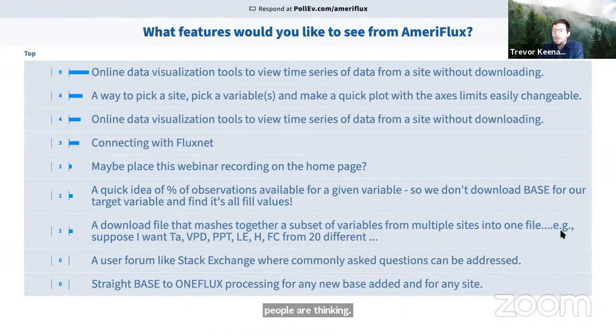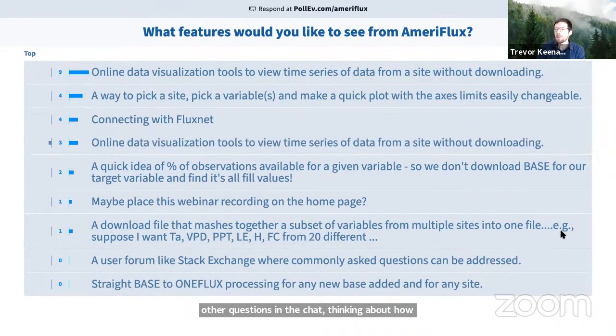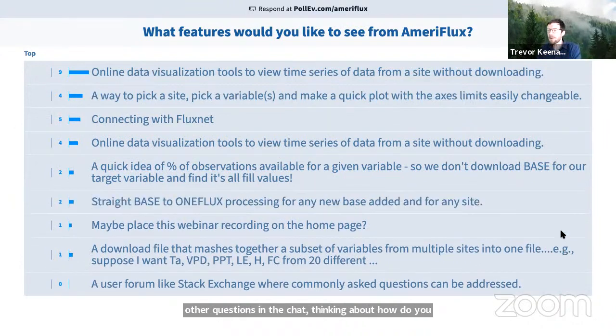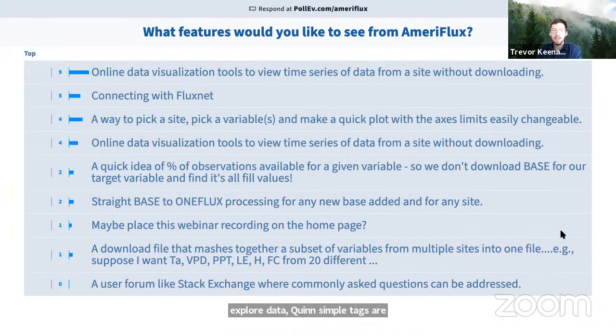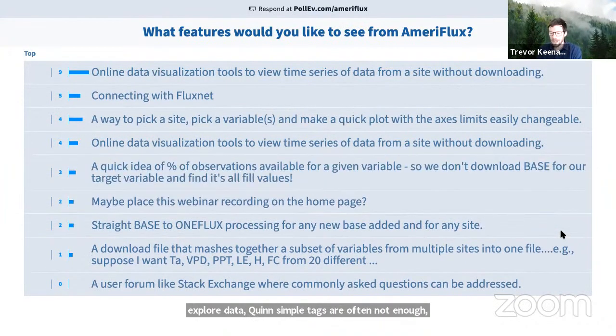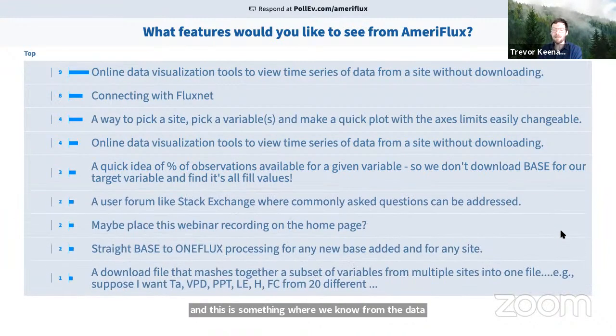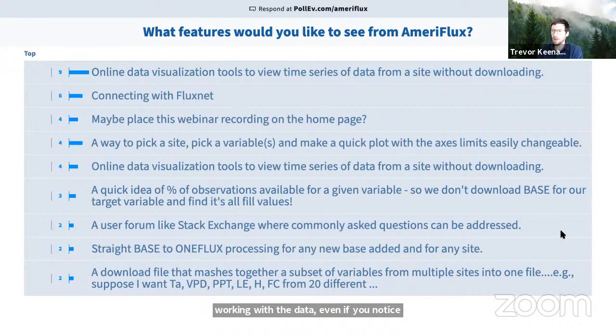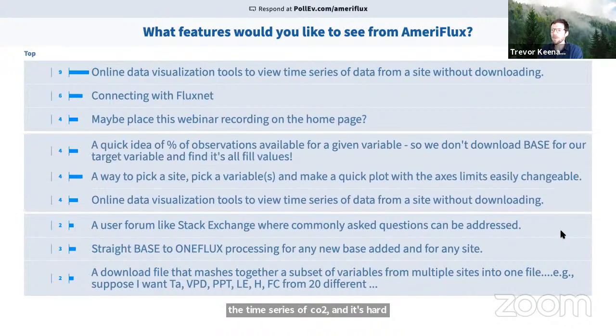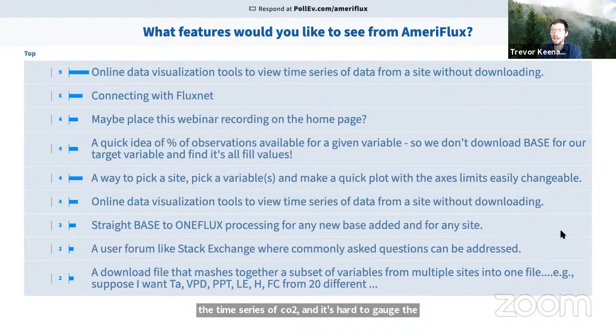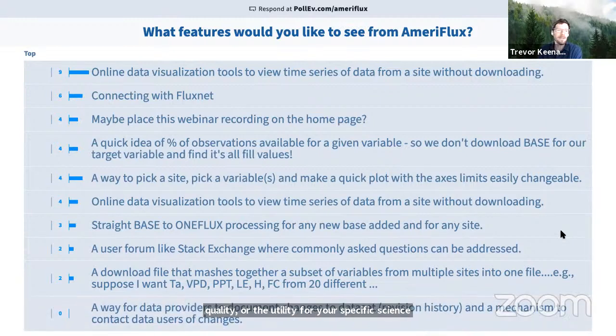So we've heard from a few of the panelists and also other questions in the chat thinking about how do you explore data when simple tags are often not enough. And this is something where we know from working with the data, even if you know there's a time series of CO2, it's hard to gauge the quality or the utility for your specific science question without being able to actually see it and look at it and interact with it.